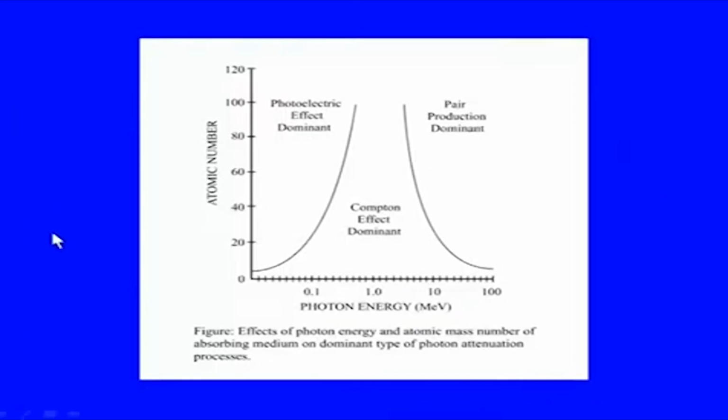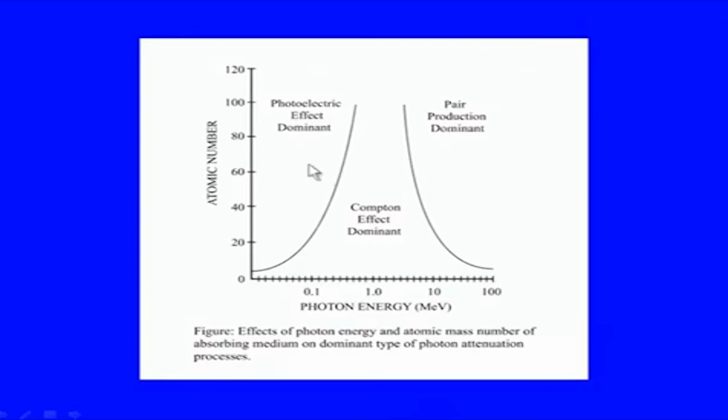This figure here summarizes the interaction of gamma rays with matter. If you can see here, this is the atomic number and the x axis gives you photon energy. You can see different areas distributed in here. So, there is a low energy area which has dominant photoelectric effect. What does that mean?